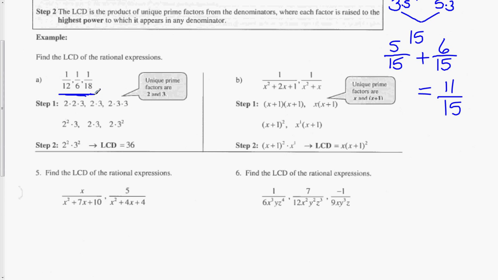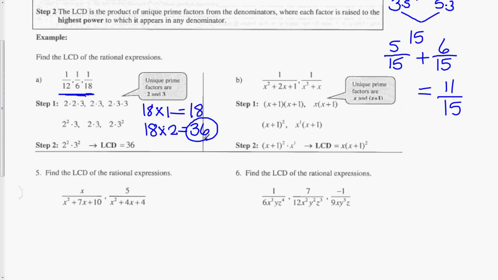I just look at the largest number and start making a list of its factors, or what it will go into, and then match the 12 and the 6 in this case with the 18. So for instance, I would say 18 times 1 is 18. Well, 6 goes into it, but 12 doesn't. So move on to the next. 18 times 2 is 36. 6 goes into 36, 12 goes into 36, so I know 36 is my LCD.